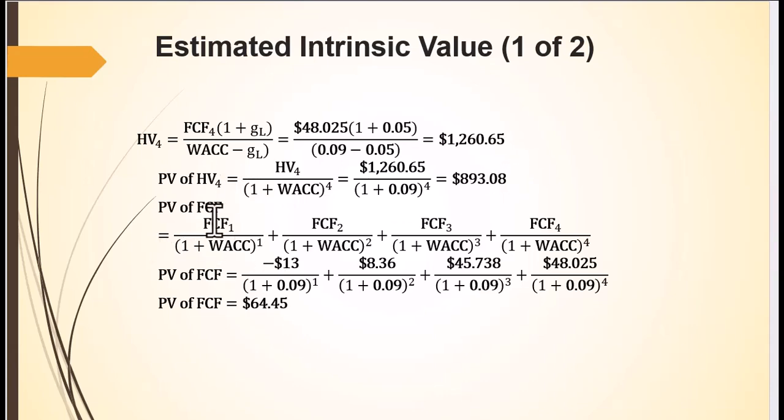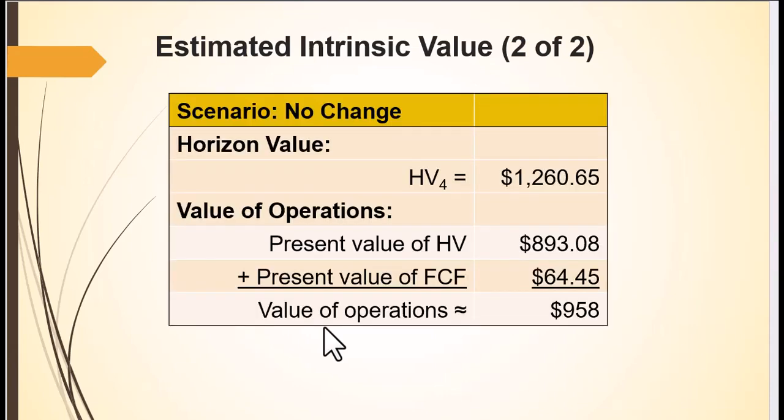What's the present value of the free cash flows? Here are the cash flows that we've calculated. Actually, four cash flows, I'm sorry. And their present value. So the present value of the free cash flows is 64.45. I know this is a little confusing, but when you see it in a worksheet, or when you put these calculations together, it does start to make a little bit of sense.